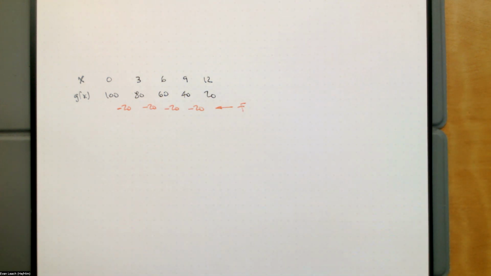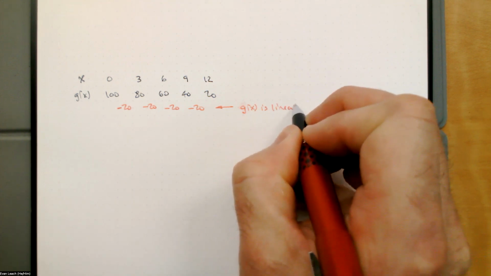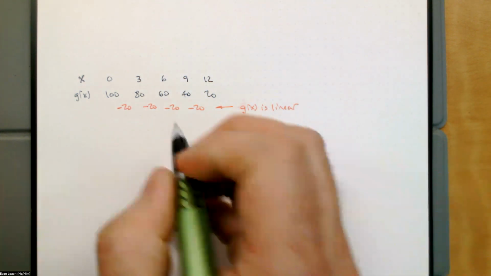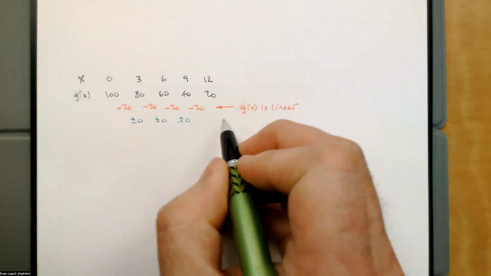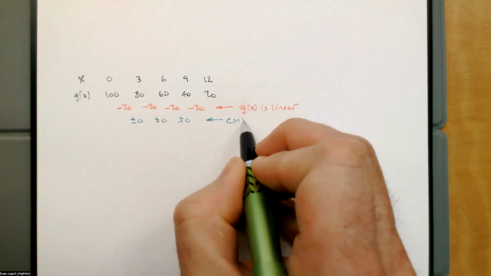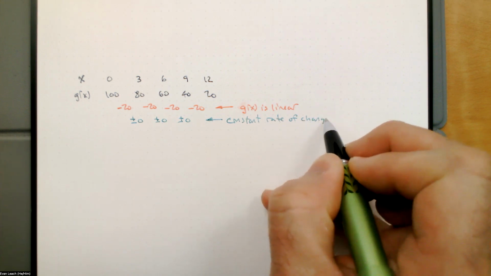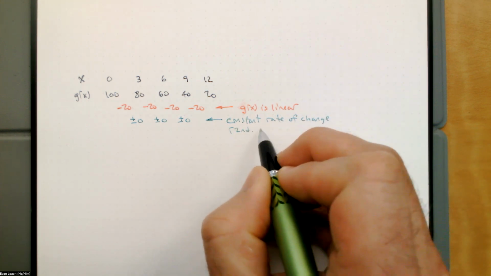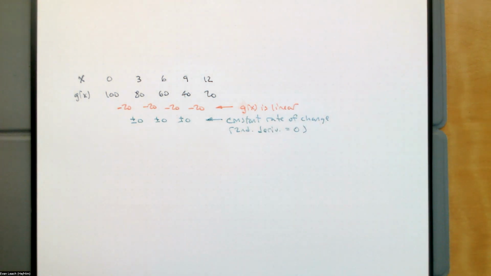Oops, this is g of x. We have a constant rate of change. The second derivative is going to be 0. There's no concavity.